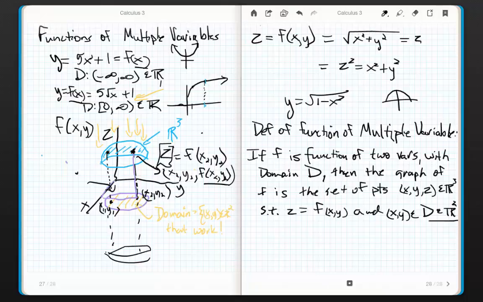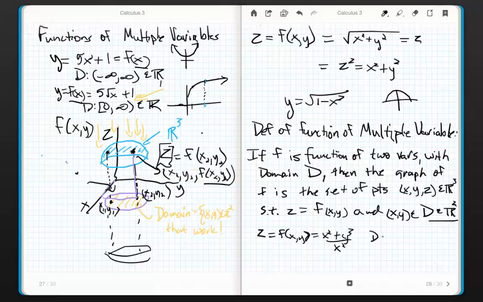All right, so let's deal with one where we run into trouble, but let's keep it super simple. Let's say that z, which can be written as f of x, y, is equal to x squared plus y cubed over x squared. Now what's the domain of this?